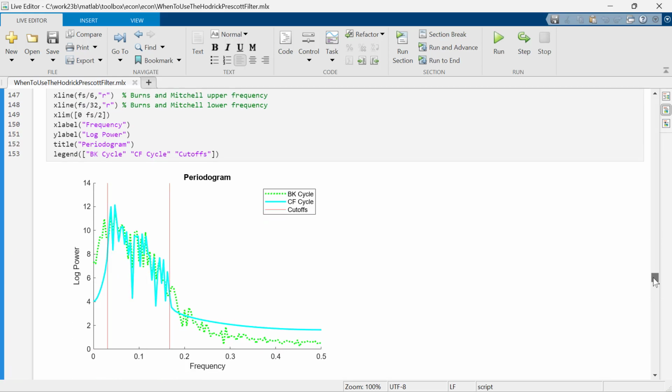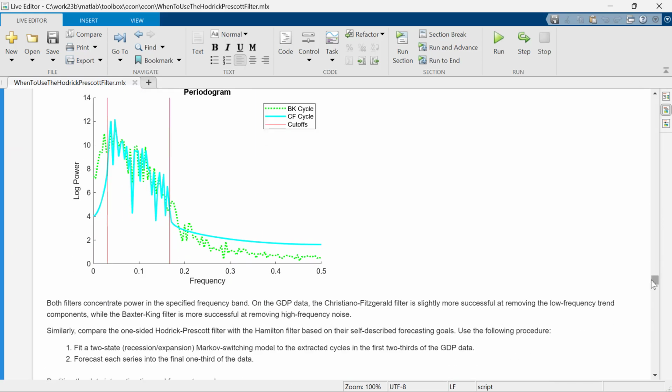And we can plot the power spectrums, get the periodogram, and see that if these red lines represent the cutoff periods, or the cutoff frequencies in this case, that are specified for both filters, it was identical in both calculations, that indeed most of the power in this spectrum is within the band, in the bandpass filter, as it should be.